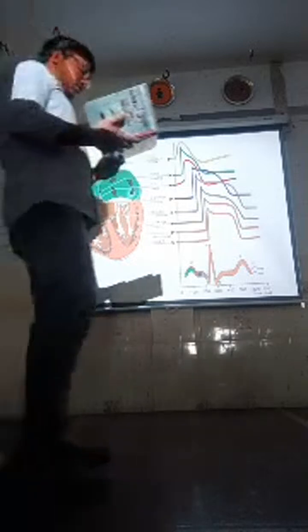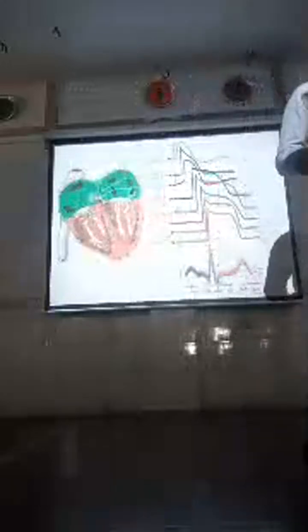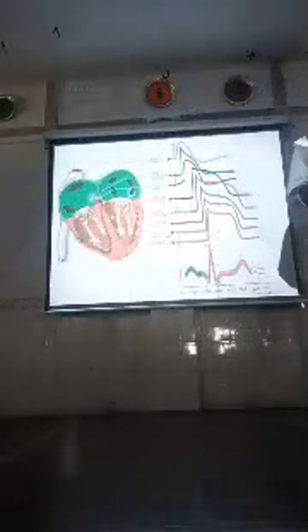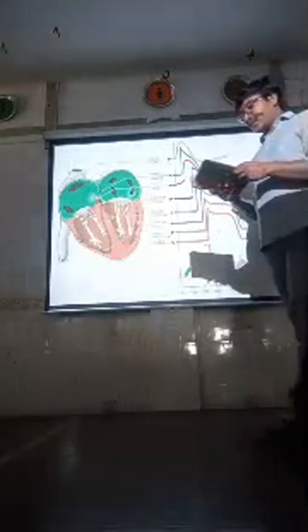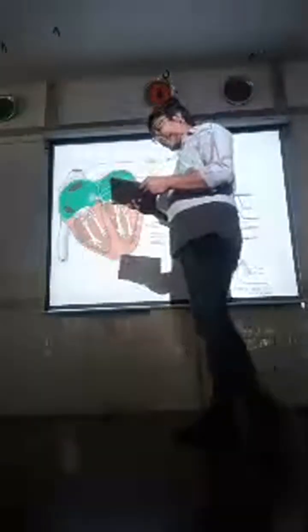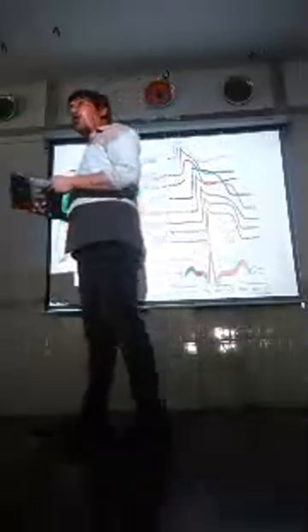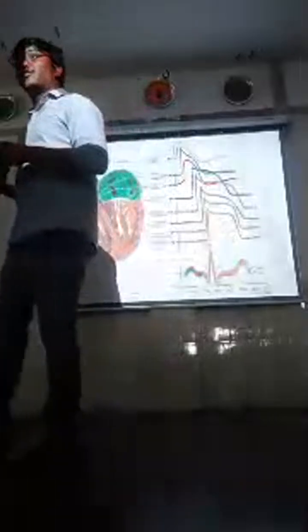Atrial systole means the atrial muscle is getting contracted. Atrial muscle contracts and atrial pressure rises about 4 to 6 mm of Hg.